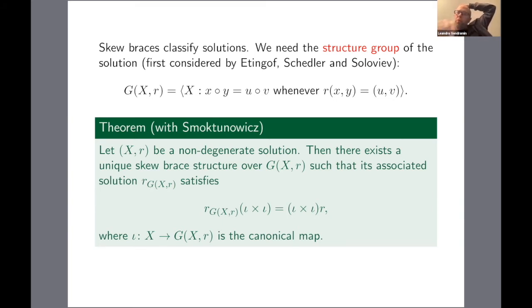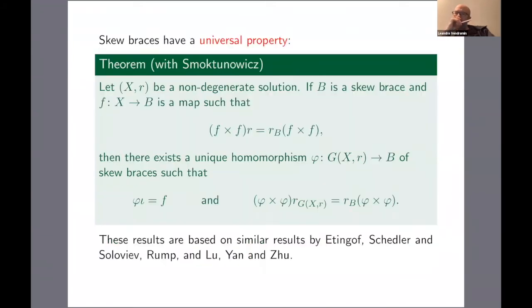So this was proved in a paper with Agata Smoktunowicz, and also in some sense in the paper with Guarnieri, who was my master's student. But you can go even further, because you can prove the following. Skew braces are, as I said before, some sort of universal object when you want to recover all solutions.